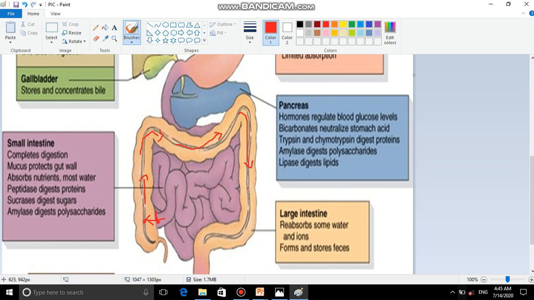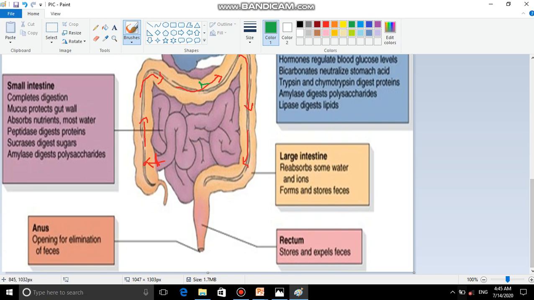Undigested food is passing like this, and in this course of journey the water is getting absorbed. Along with the passage of undigested food, the large intestine absorbs most of the water from it, and then the undigested food comes to this last part of large intestine known as rectum.